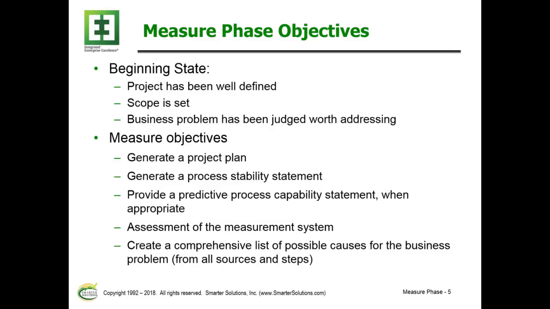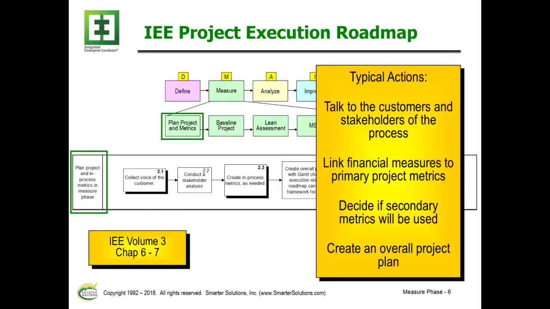We also want to assess the measurement system. A lot of times the measurement system can be the biggest issue that we might have for a particular response, and we want to look at that. We want to then create a comprehensive list of possible causes for the problem. So with this, the wisdom of the organization can help us.